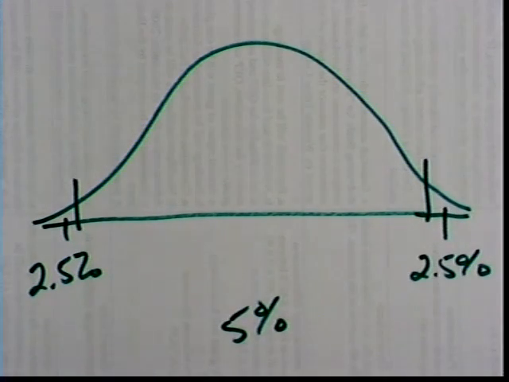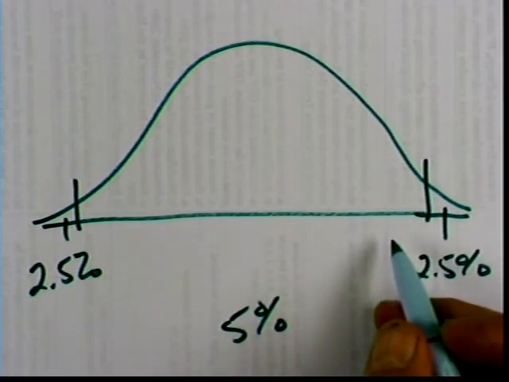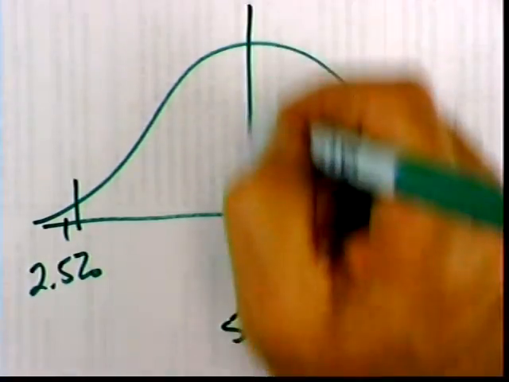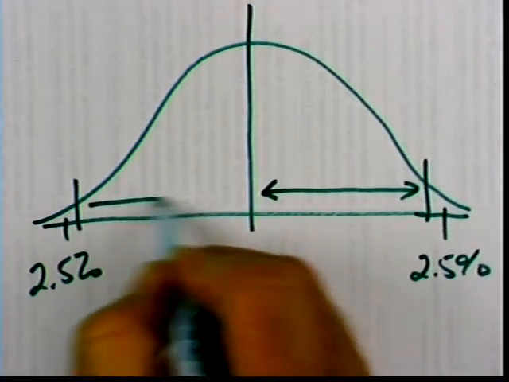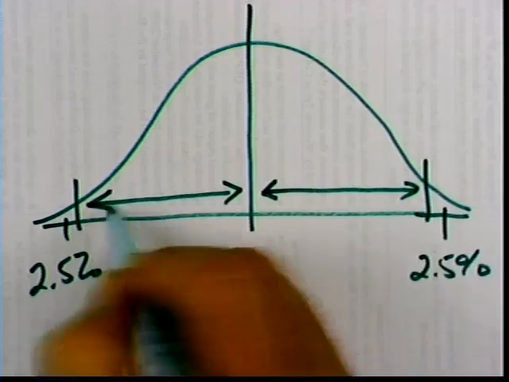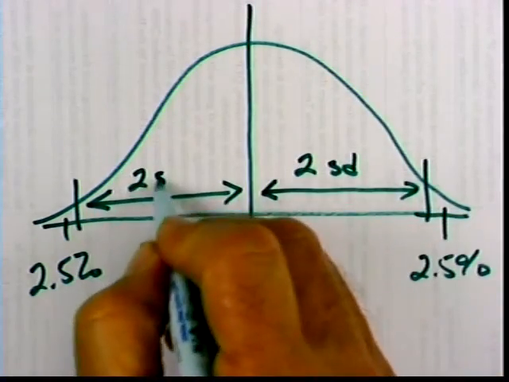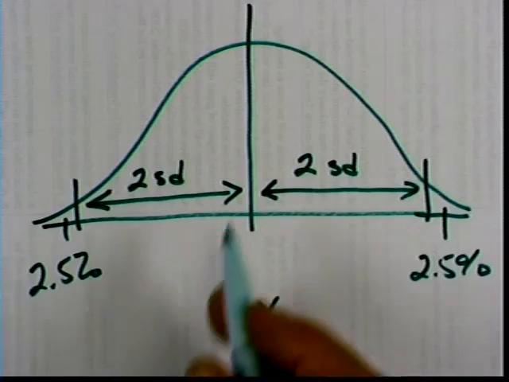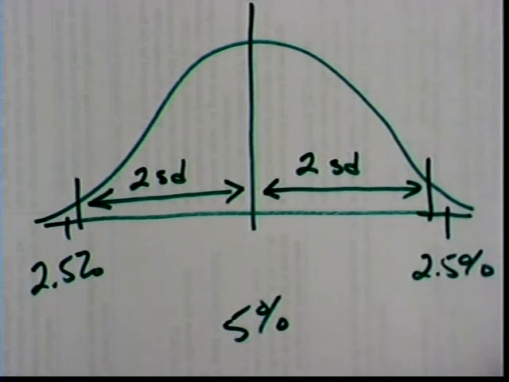If it occurs in the tails, then it's going to be considered a rare event. Now, it turns out that these points are going to be about 2 standard deviations away from the mean, in the negative direction and the positive direction. And so we'll hammer that home time after time, and so you'll get a chance to be familiar with that.